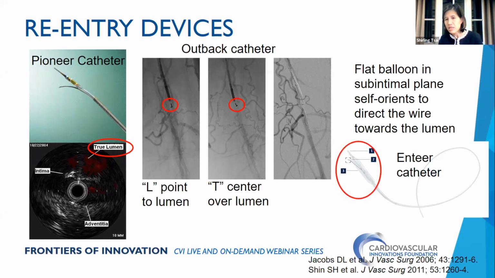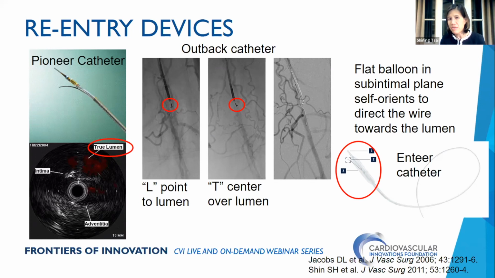The Ocelot catheter is a little bit different. It's a lower profile system, and it basically blows up a flat balloon in the subintimal space. When this flat balloon blows up, there's a little exit port of the balloon, and you use the wire, which is an angled wire, to poke through the side, the exit port, and into the true lumen.